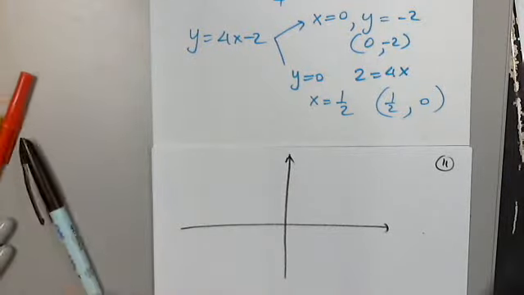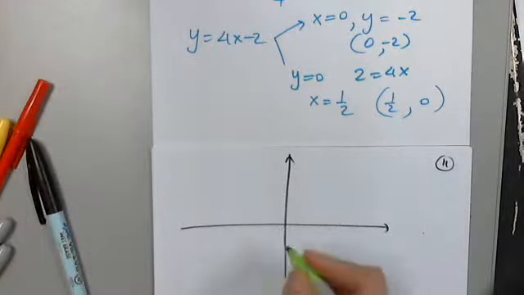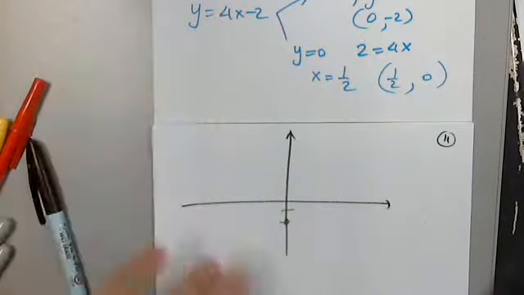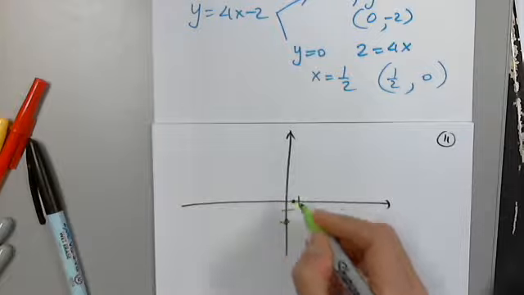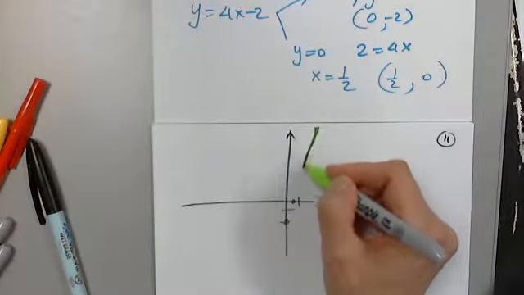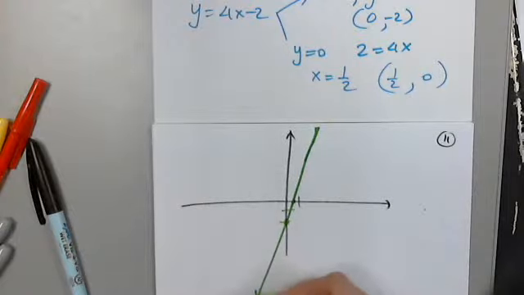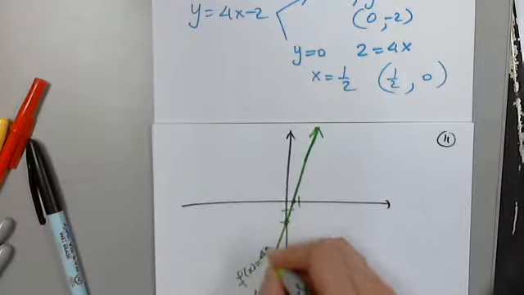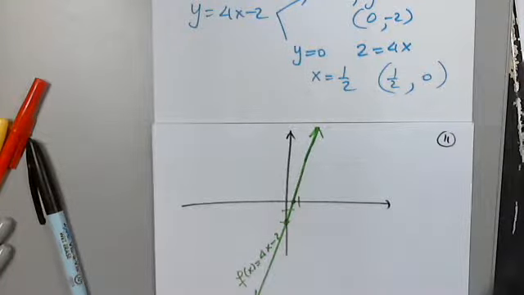I will graph 0, negative 2. And I will graph 1/2, 0. I will connect and extend the line. I will write that this is f of x, which is 4x minus 2.